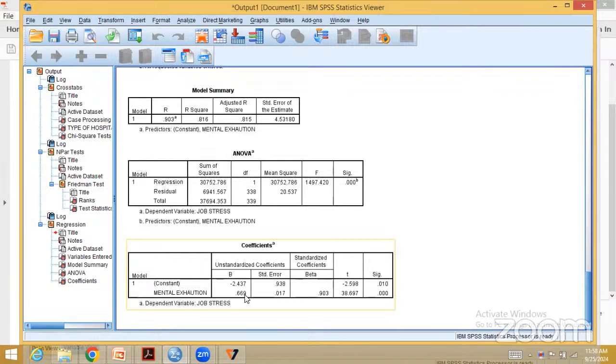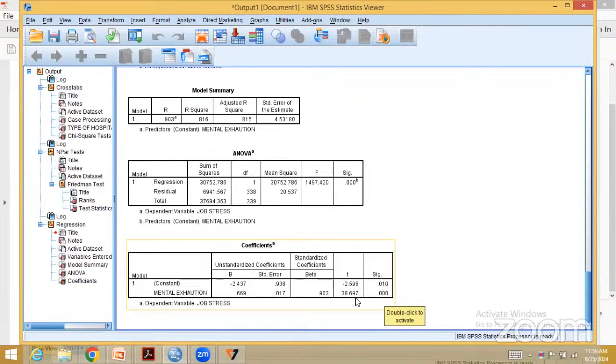Provided here the t value is 38.697, which is found significant. Why is it significant? The p value is less than 0.05. That is why the t value is significant, so that our interpretation is totally validated statistically.